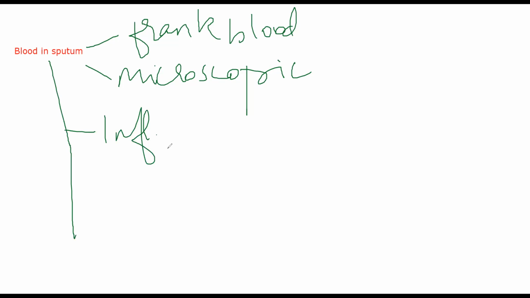Those are the inflammatory conditions in which you see blood. Or the patient might have bronchiectasis. ठीक है, these are all inflammatory conditions in which you can see blood.